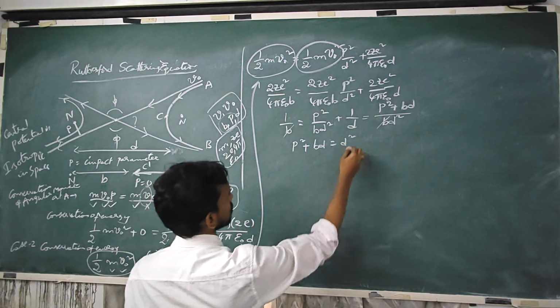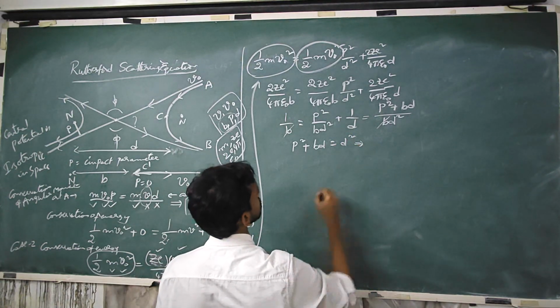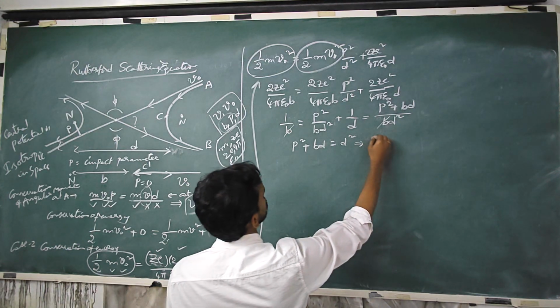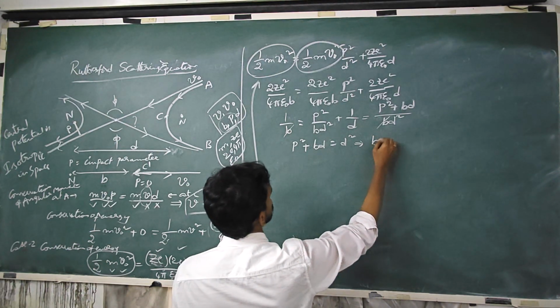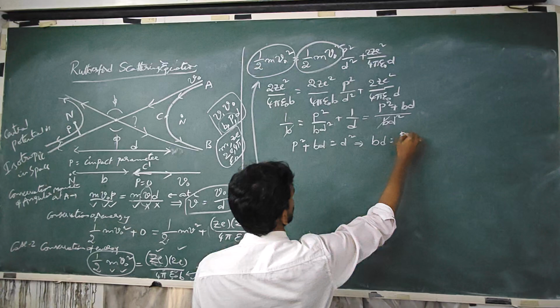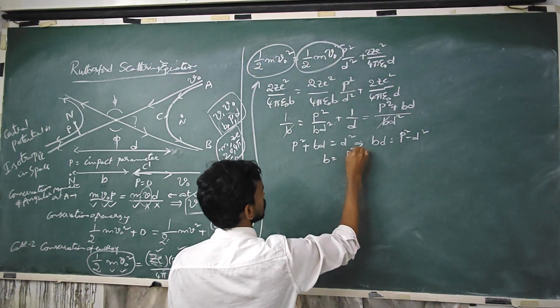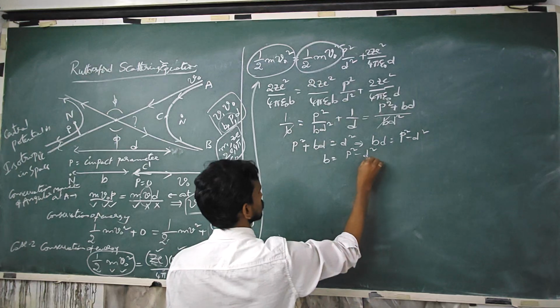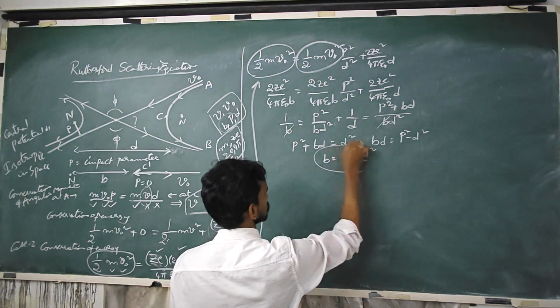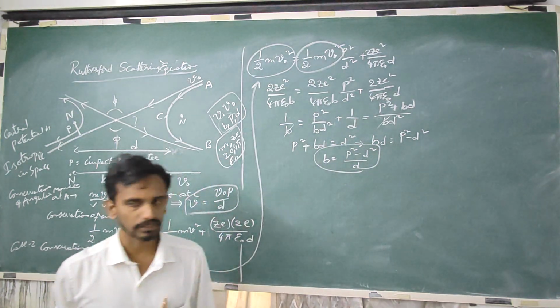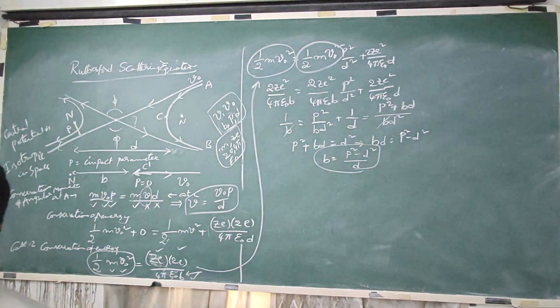So I need to get the value of b. So b is equal to d square minus p square by d.